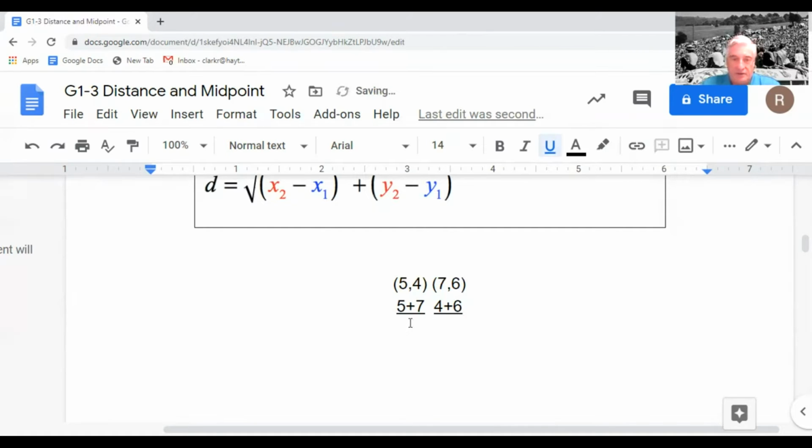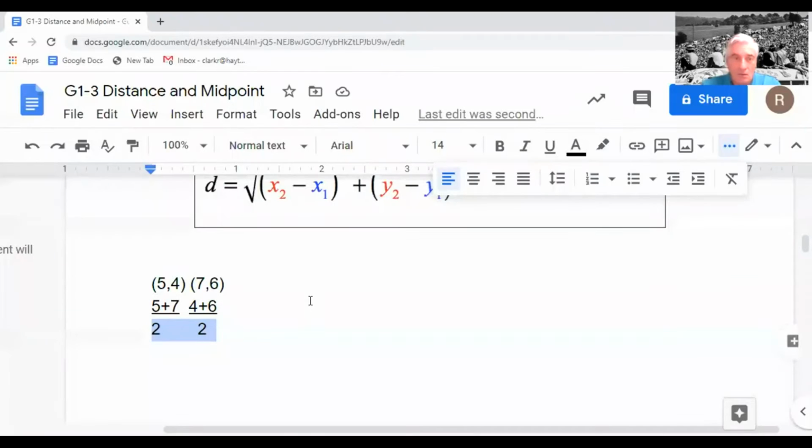Let's see, 5 and 7 are 12, divided by 2 is 6. So now we've got 5 plus 7 divided by 2. We've got 4 plus 6 divided by 2.